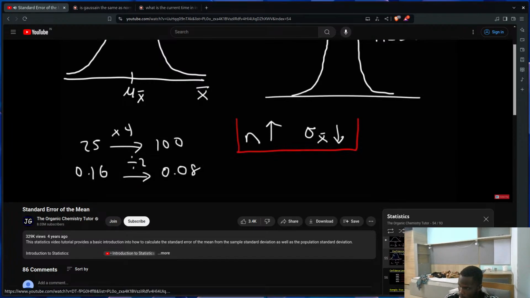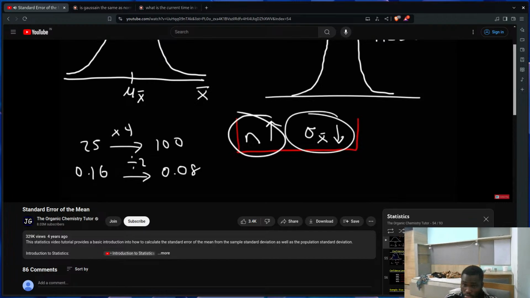So that's a visual representation that shows the effect of increasing the value of n. The standard error will decrease, creating a sampling distribution that is taller and more narrow, so there's less spread, which means the mean of the sample means will approximate the population mean more accurately.